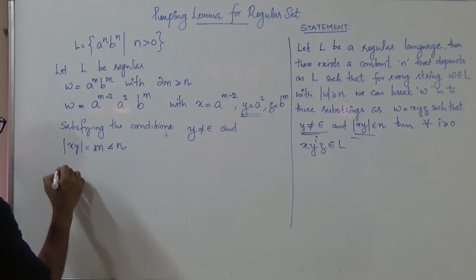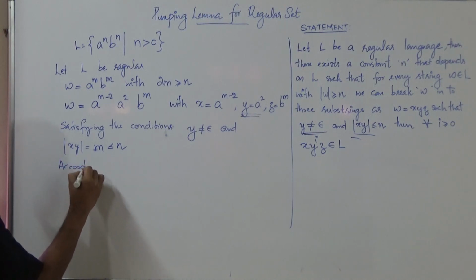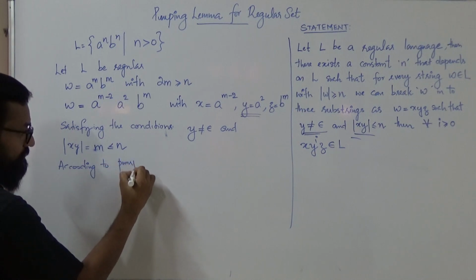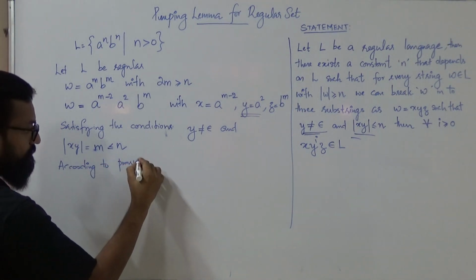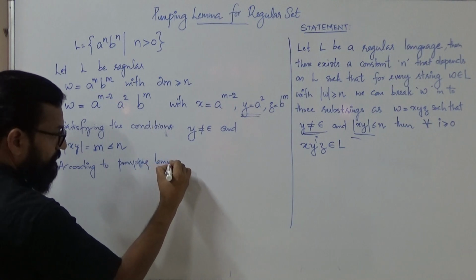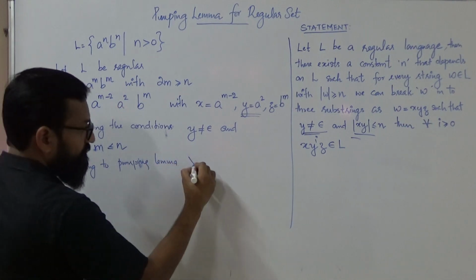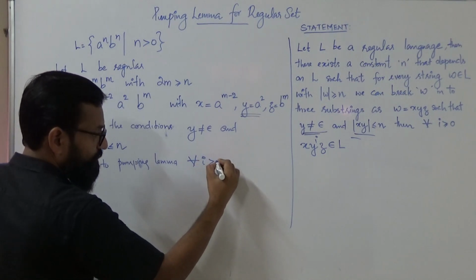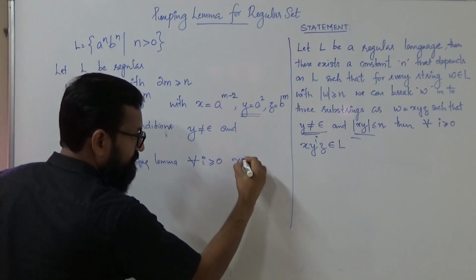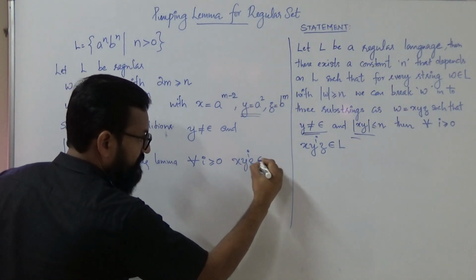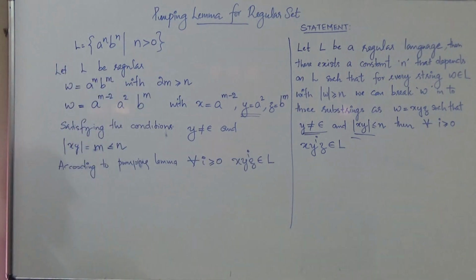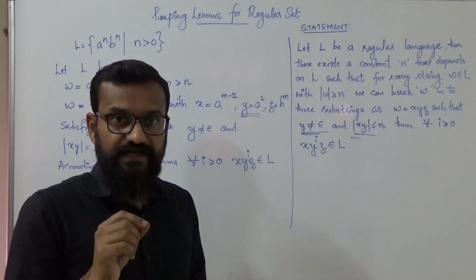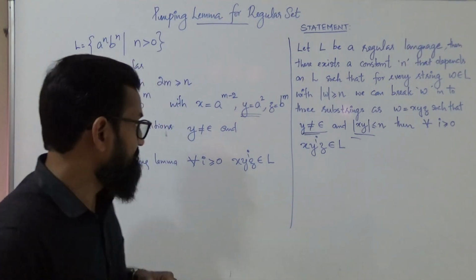Then according to pumping lemma, for all values of i greater than or equal to 0, x y raised to i z must belong to L. Our aim is to identify at least one value of i that violates this condition.